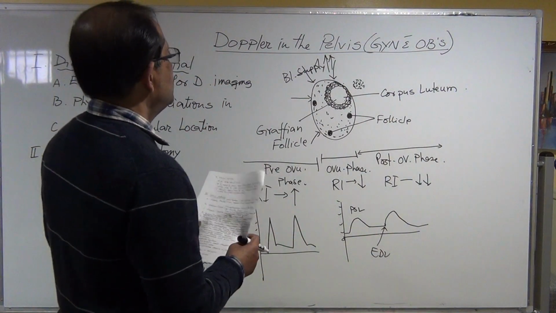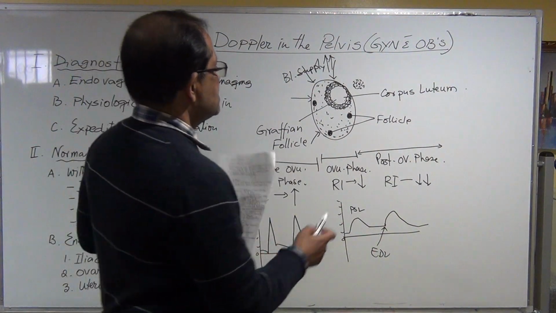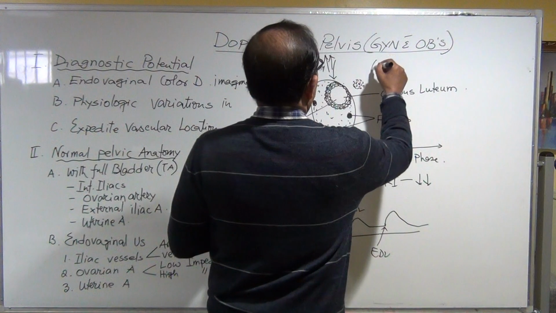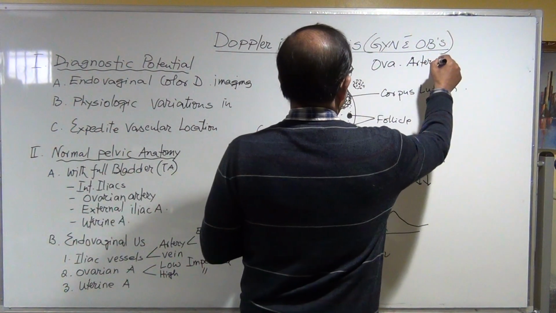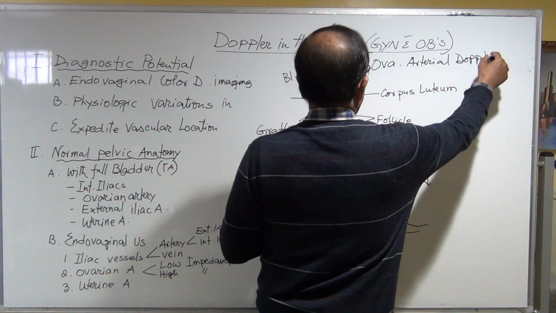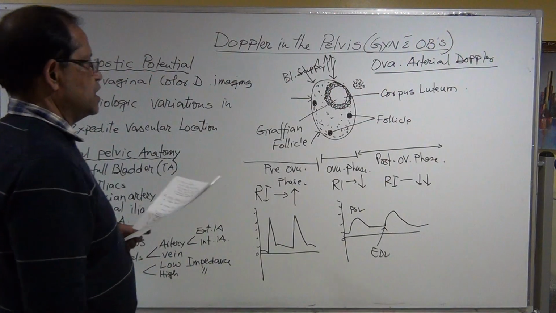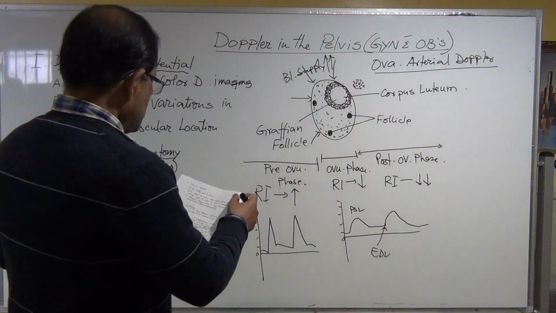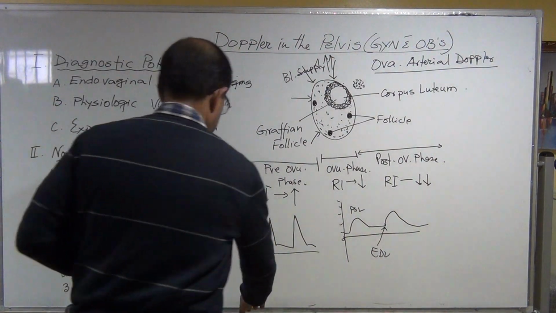Okay, so this is the ovarian arterial supply Doppler evaluation. Now I will discuss the uterine arteries.